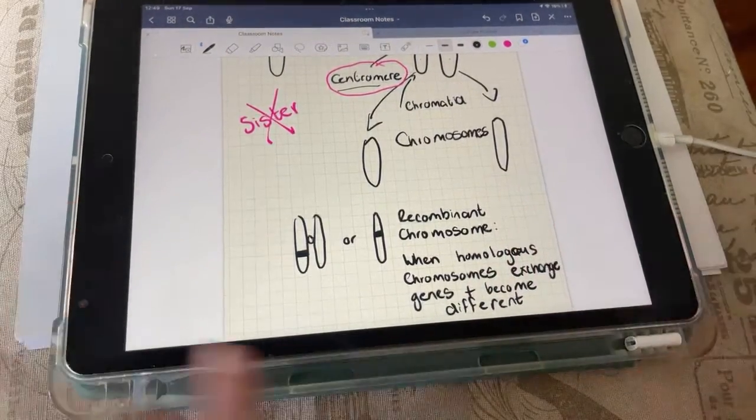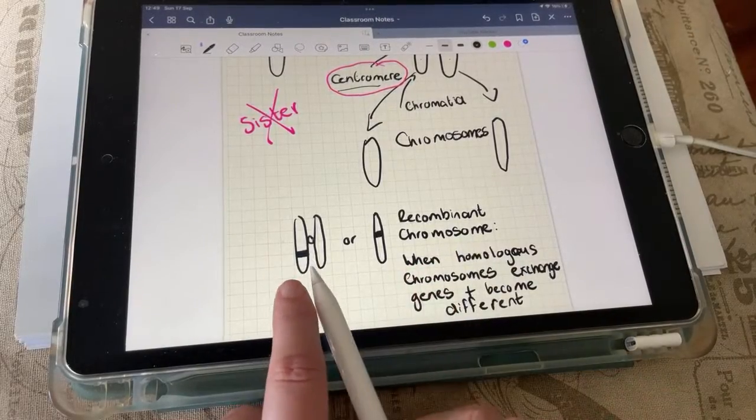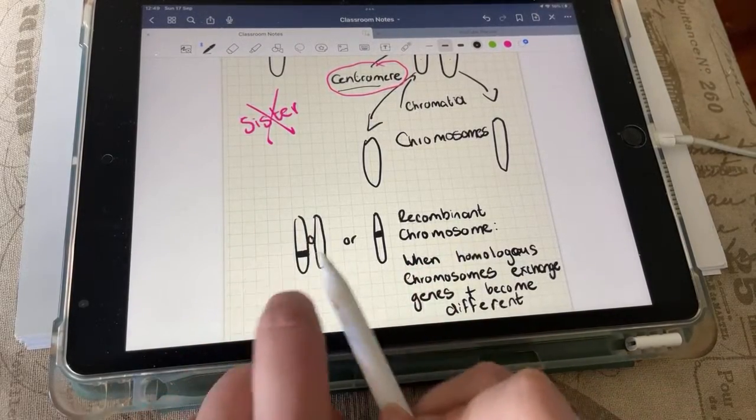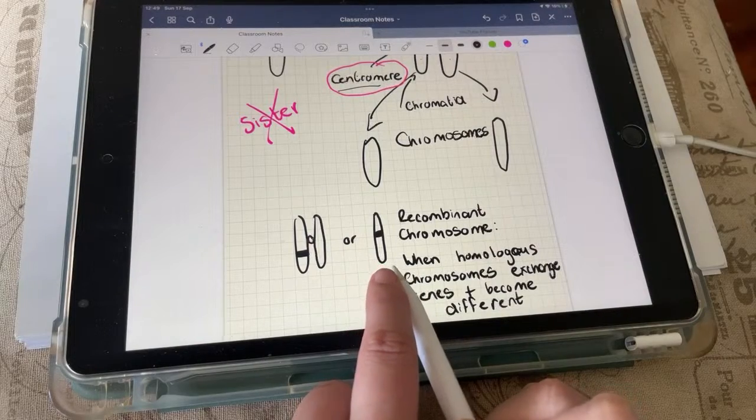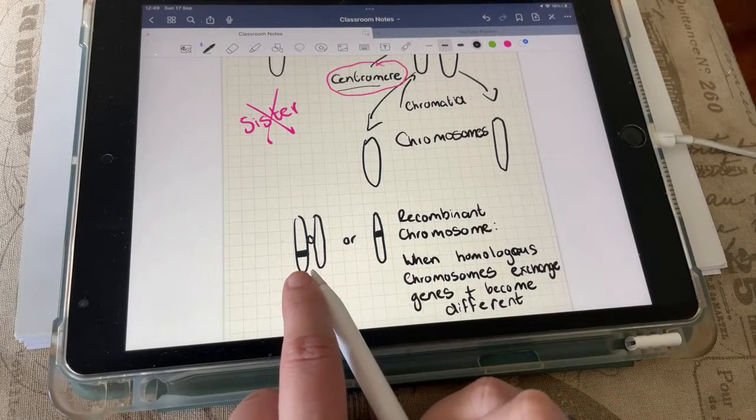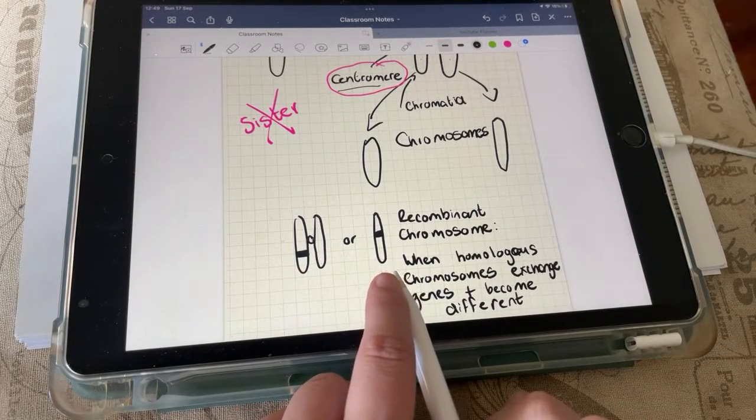So that's my little definition of what a recombinant chromosome is. So this whole thing is a recombinant chromosome, and this is also a recombinant. This is just double-stranded, and this is single-stranded.